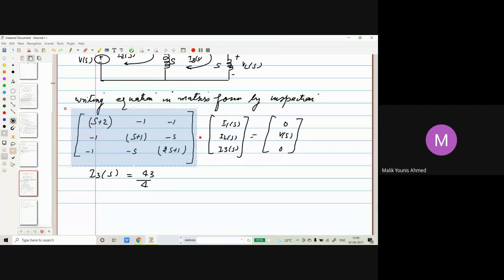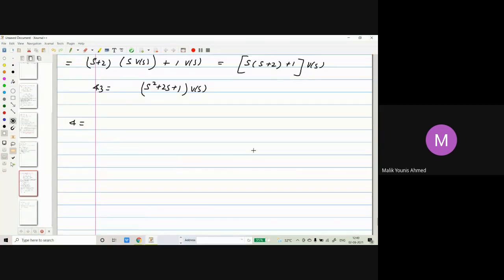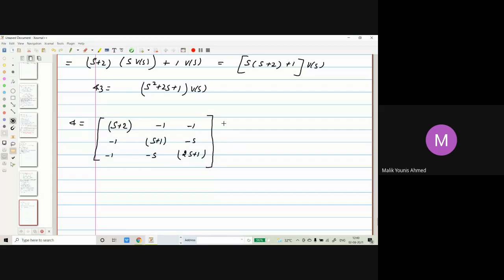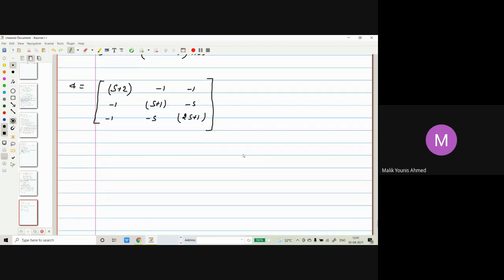Copy and paste it here. So this is your delta again. s plus 2, minus 1, minus 1, minus 1, s plus 1, minus s, and then minus s and 2s plus 1. Okay, let us solve this delta.